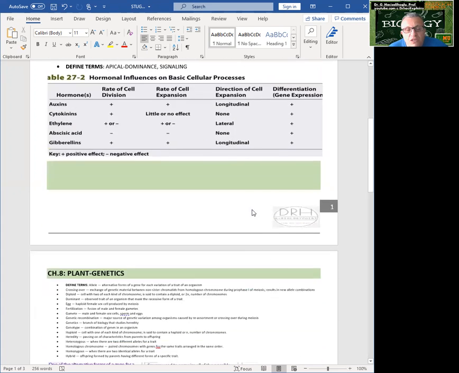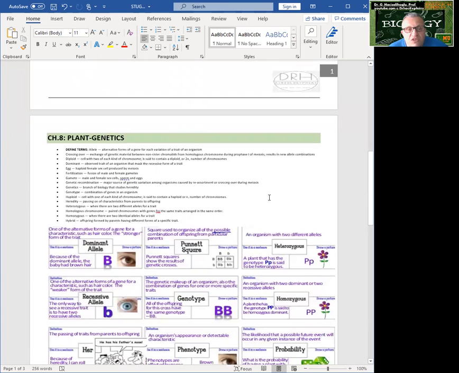Our next chapter is plant genetics, which is chapter 8. There is a lot of vocabulary in this chapter, so it's better to start by getting the vocabulary down: diploid, haploid, dominant, recessive, egg, fertilization, gamete, genetic recombination, genetics, genotype, phenotype, heredity, heterozygous, homologous, homozygous, hybrid, and the different generations.